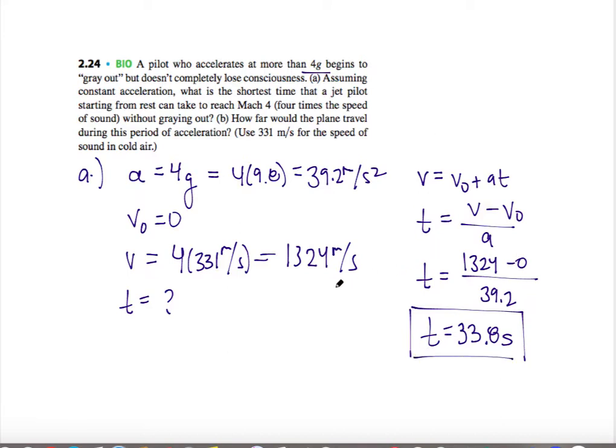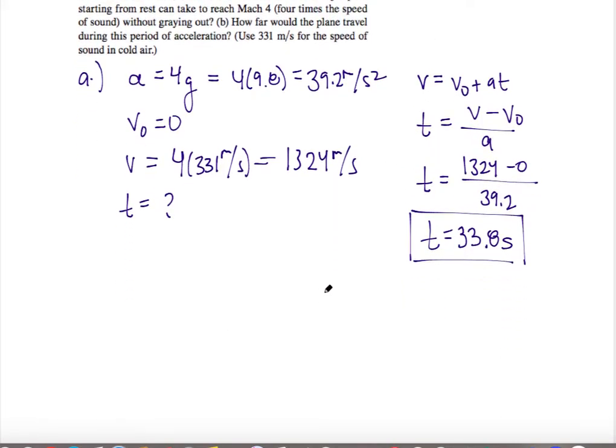Now part B says, how far does it travel during this period of acceleration? I can do this 2 ways. I could use either the first or the second kinematic equation, but I'm going to use the second, since I have a time. So delta x is equal to v naught t plus 1/2 at squared. Delta x is my displacement.